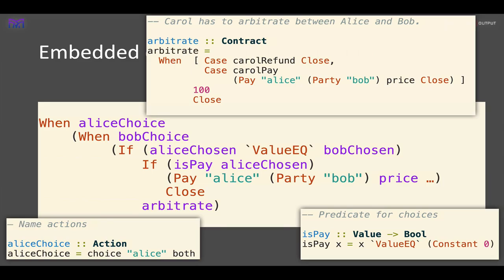So the advantage of embedding our DSL is that we can use a modest set of extensions to make our contracts more readable. But of course, we always have the option of writing contracts just in Marlowe, in a fully expanded form.